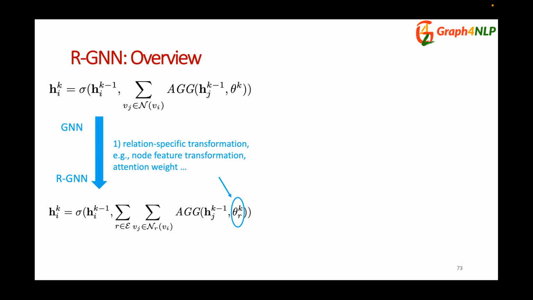That means for each relation type, we introduce transformation functions to transform the node embeddings, so that the whole process is relation-type aware. And two, it does node aggregation per relation-specific subgraph.